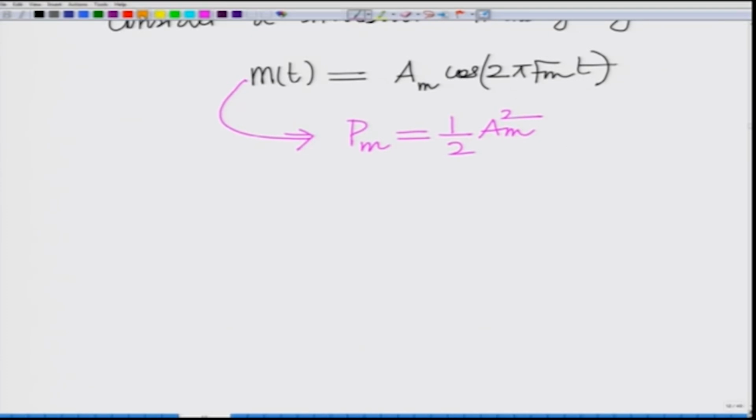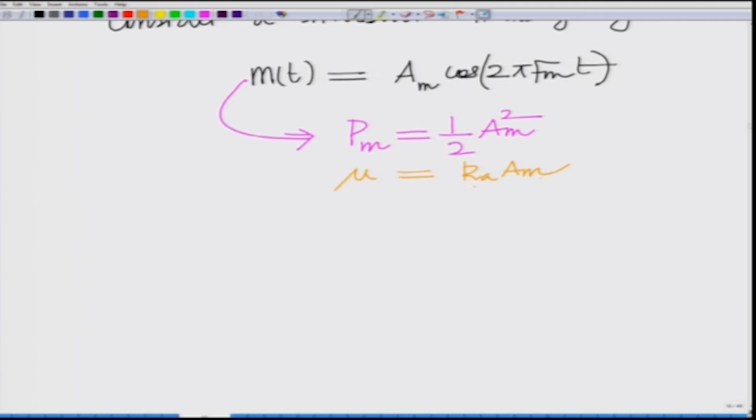Also realize that mu, the modulation index, which we have defined in one of the earlier modules, for this sinusoidal message signal is basically mu equals Ka times Am, correct.